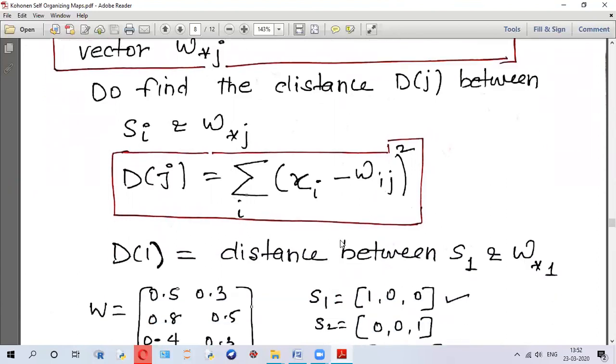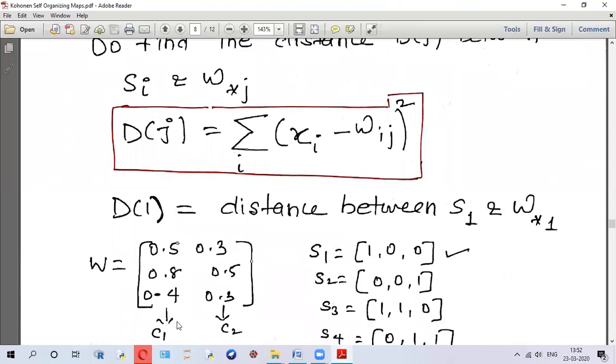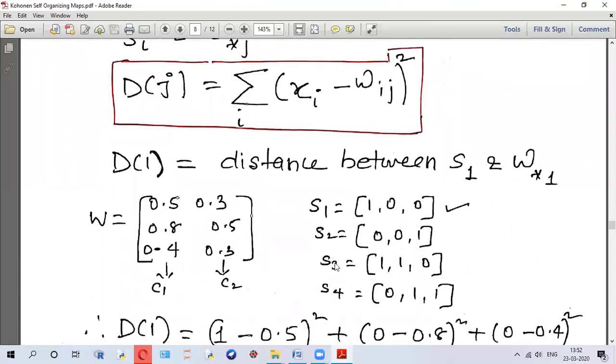Now, in this particular example, say this is our weight vector, right? And this is our input vector. So initially, we would start by taking the first input, that is S1 equal to 100. So what we need to do is find the distance corresponding to output unit 1 and also corresponding to output unit 2.